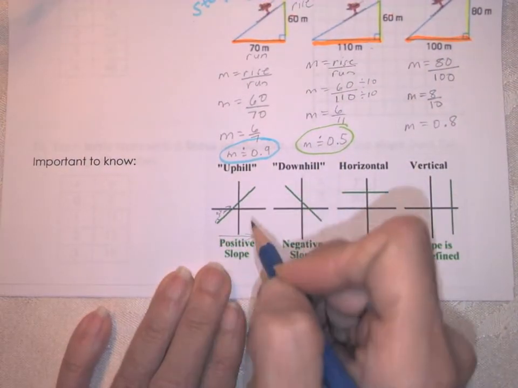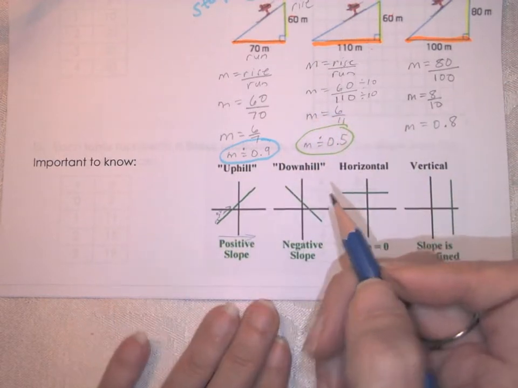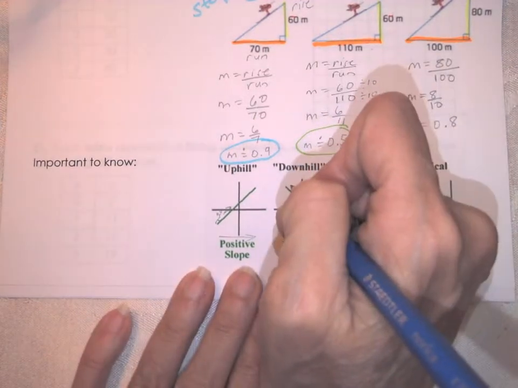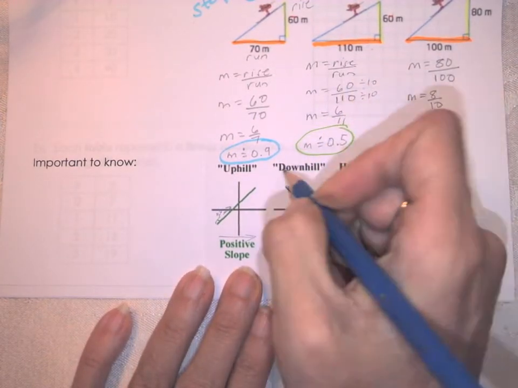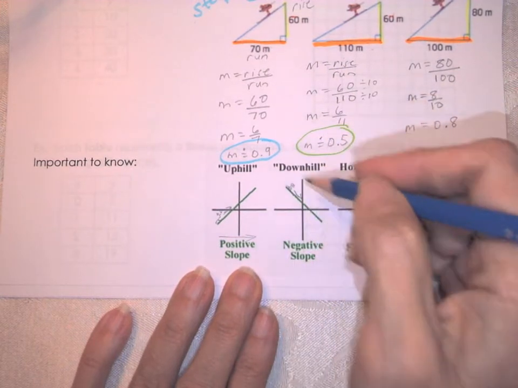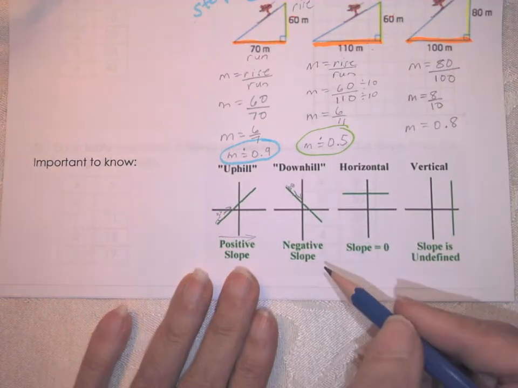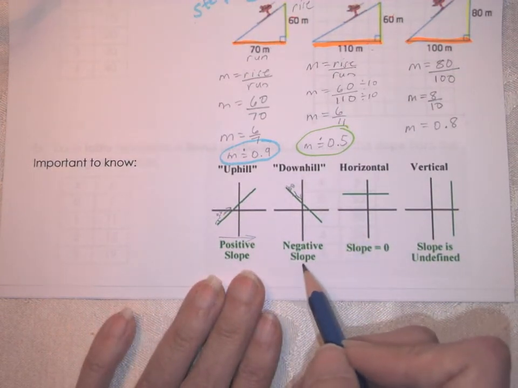So as you're moving from left to right, he's going uphill, where the line is increasing. That's considered to be a positive slope. If the little ant is crawling down the hill as we move left to right, or decreasing as we move left to right, we are considered to have a negative slope.